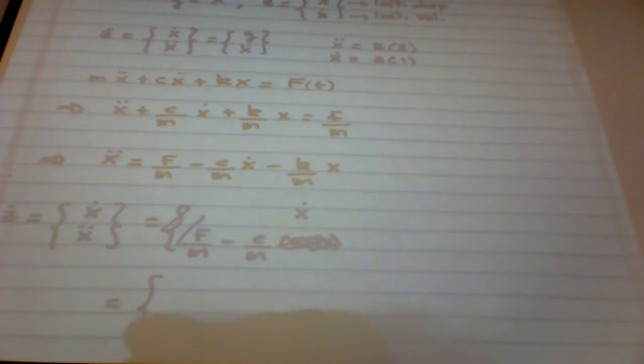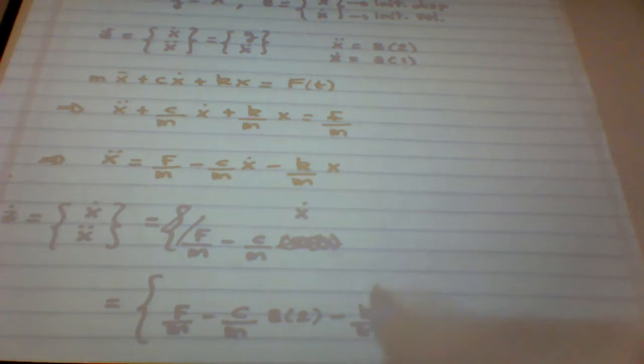Let me just rewrite this line over here at the bottom, it will be more clear. So this one will be f over m minus c over m. We need to use the z function, so that will be z2. Correct?